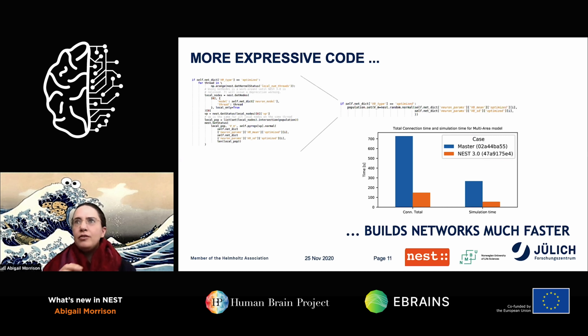The thing you'll notice most about Nest 3 is that the code is more expressive and more compact. On the left-hand side, you can see a typical setup for some network that you're arranging. You're creating some neurons and setting the membrane potentials in a random way. And now you can do this in this very brief snippet of code on the right-hand side.